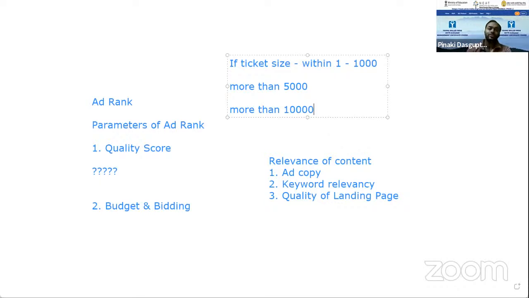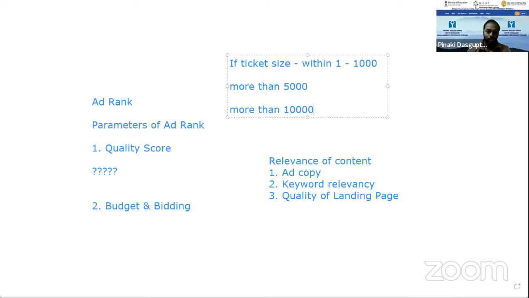But if your ticket size is very higher, say you are actually selling an MBA course which costs rupees 5 lakh, in that case you have to increase the budget, like 2,000, 3,000 per day. And also the intent or the objective of the campaign will also change.